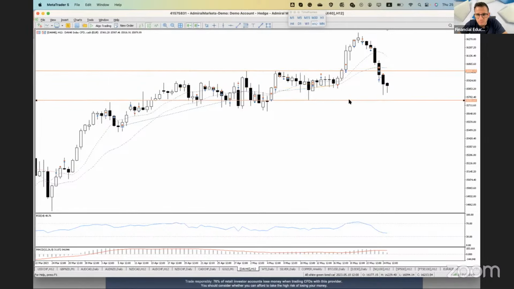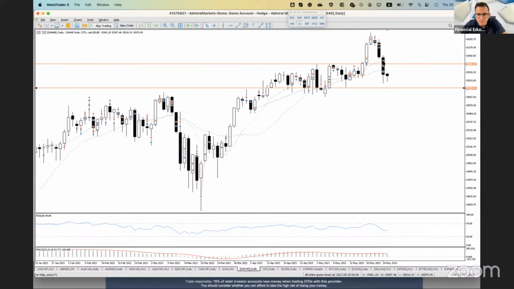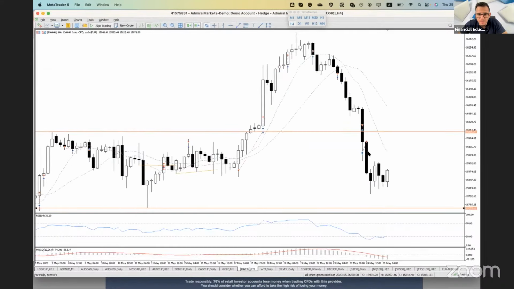DAX support, and it had another support. That's a 12-hour time frame. Daily chart yesterday, bearish. These supports here, they hold the price higher. That might be a retracement here.